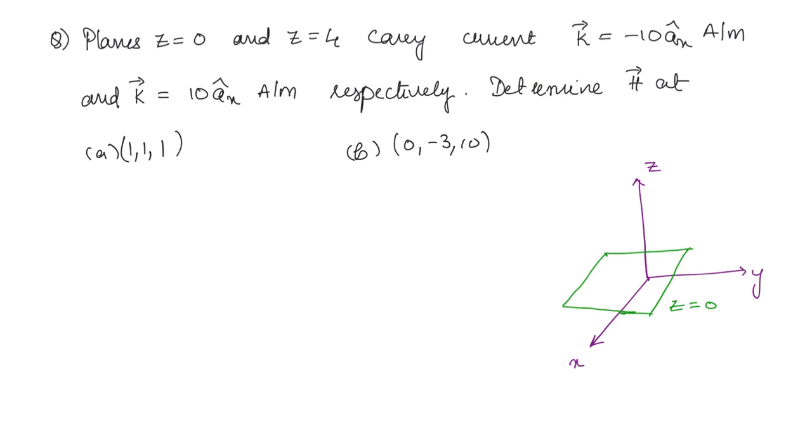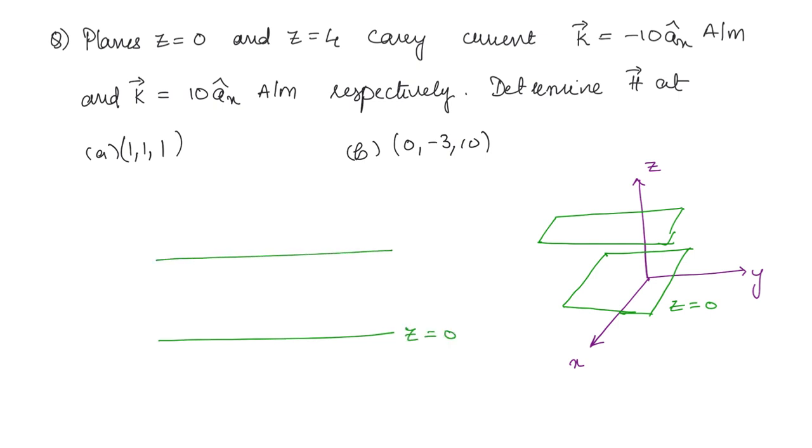Now where is z equals 4? It will be parallel to the xy plane, but at coordinate z equals 4. So you can draw from the side view like this. This is the z equals 0 plane and this is the z equals 4 plane. So this is the direction of the z axis.